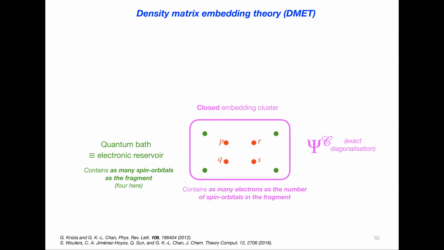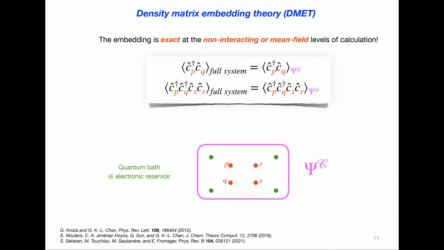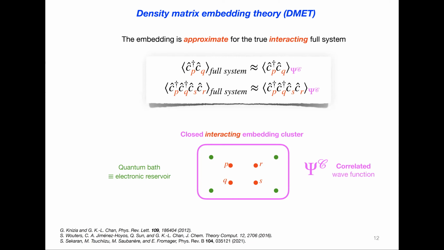And I repeat, this is perfectly exact if you have a one-electron type of Hamiltonian for the full system. Of course, if now you want to treat strongly correlated systems, you need to turn on interactions inside the embedding cluster, and then the whole procedure becomes approximate.